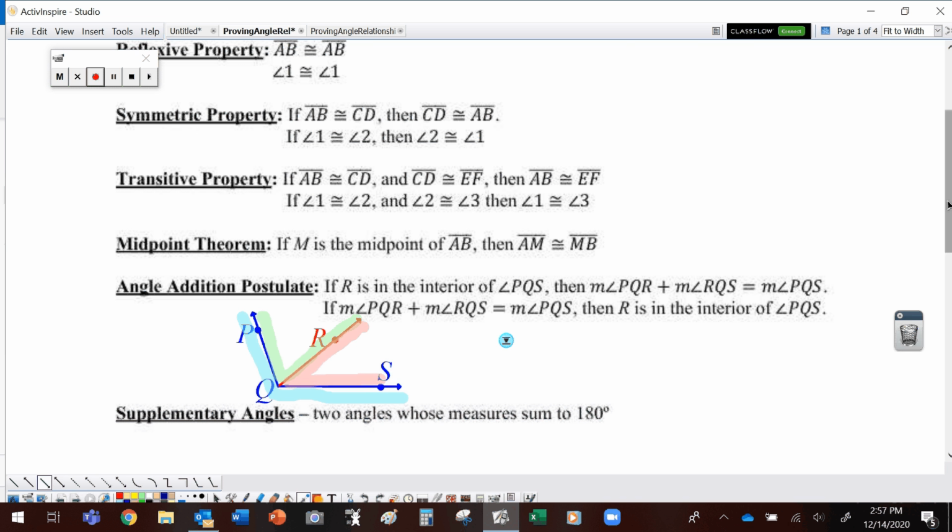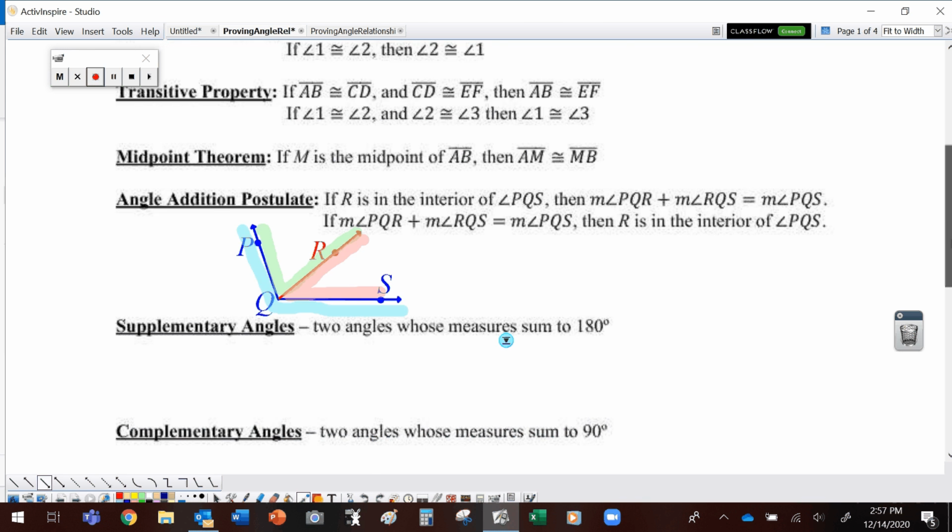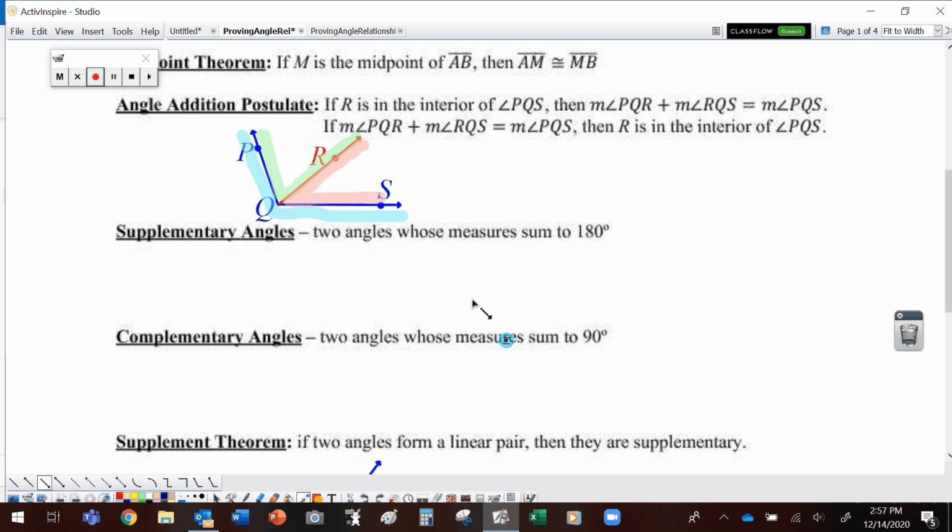The midpoint theorem, again, deals exclusively with segments, but the angle addition postulate sounds a whole lot like the segment addition postulate, and it's really similar to it. Okay, what this basically says, if R is in the interior of angle PQS, so here in blue, I've got angle PQS, and then I've got R here in the interior, then that means the measure of angle PQR plus the measure of angle RQS is going to be equal to the measure of angle PQS.